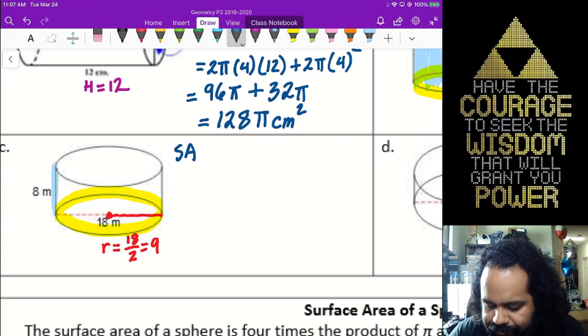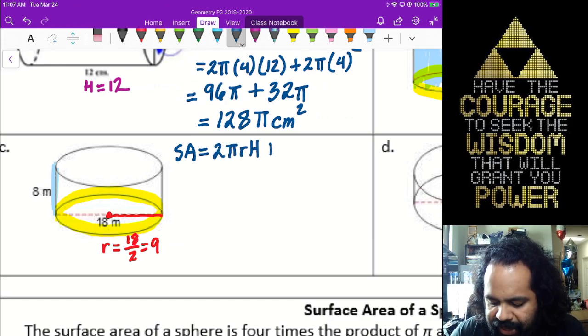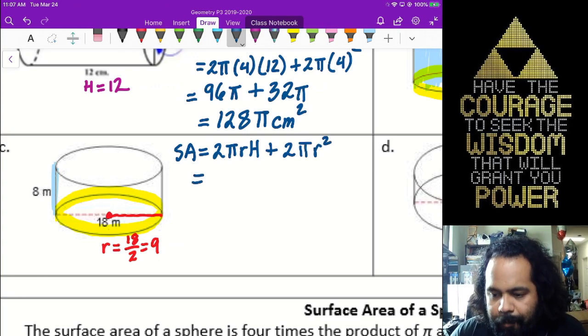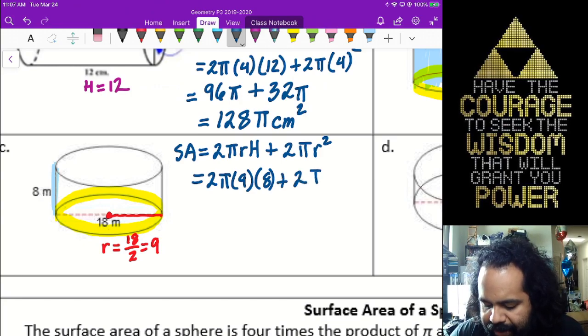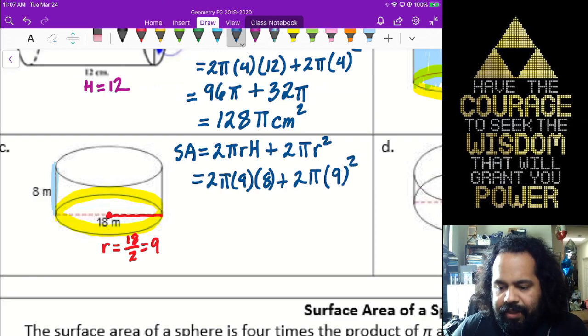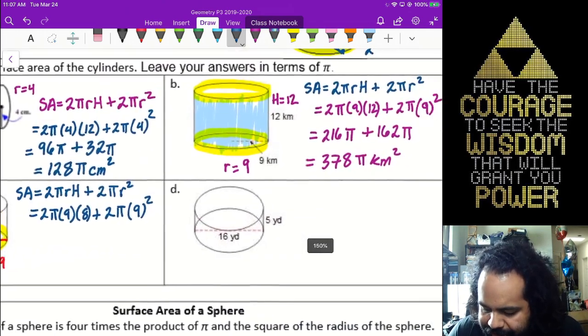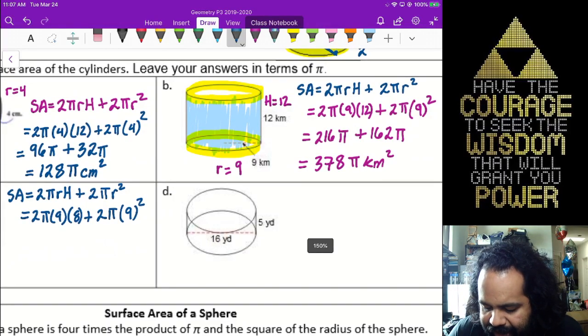Surface area equals 2 pi r h plus 2 pi r squared. Let's do it. 2 pi, my radius is 9, my height is 8, plus 2 pi times my radius of 9 squared. This is almost the same as the last one. The only difference is the height.